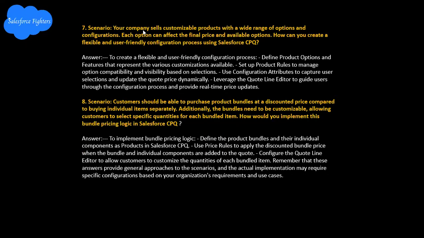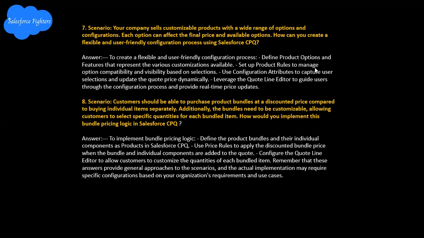Next question. Given the company sells customizable products with a wide range of options and configurations, each option can affect the final pricing and the available options. How can you create a flexible and user-friendly configuration process using Salesforce CPQ? To create a flexible and user-friendly configuration process, define the product options and features that represent the various customizations available.